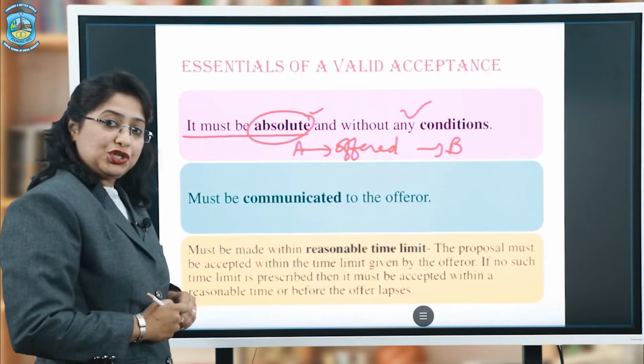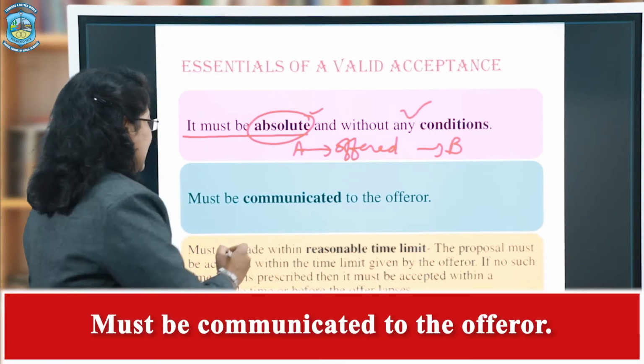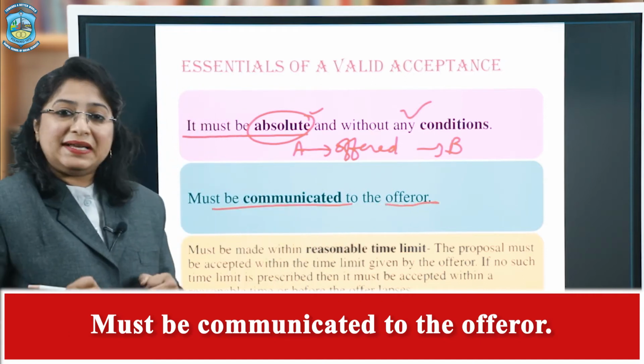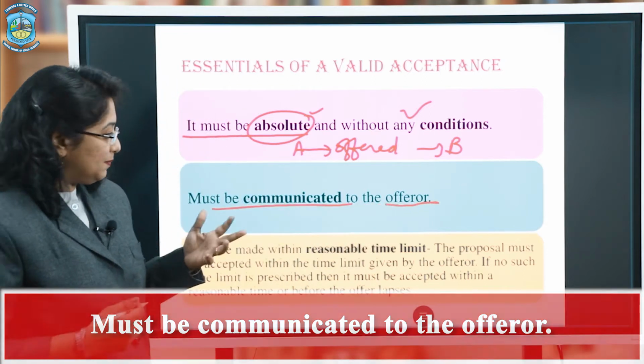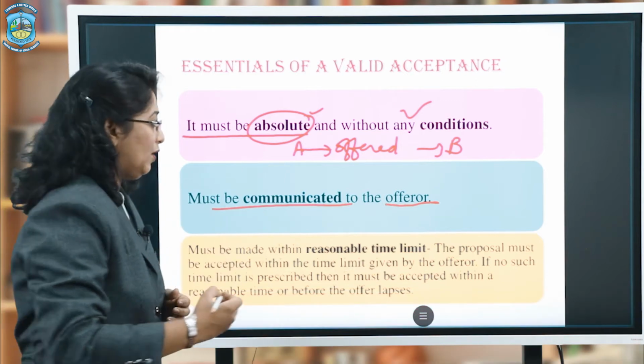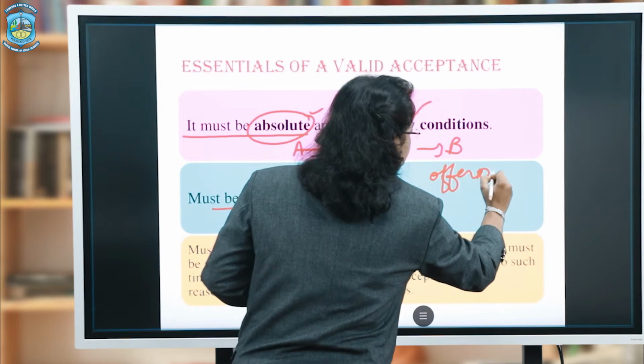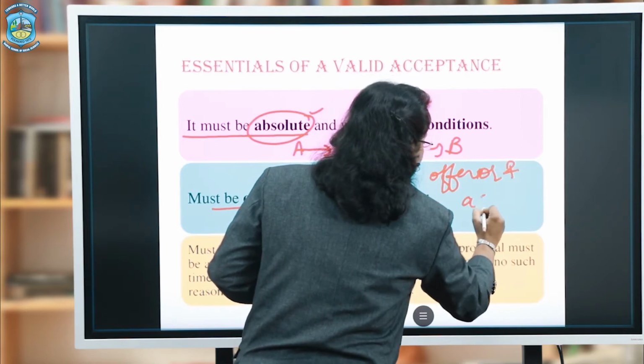The second essential is that acceptance must be communicated to the offerer. Basically, when we talk about acceptance, there is an offerer and an acceptor.